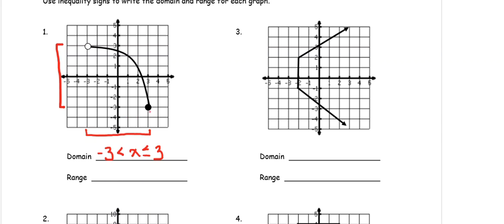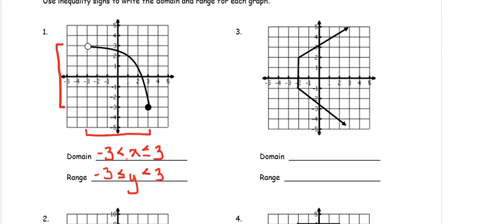So if you're looking at this, -3 is your smallest y value, and your highest one is 3. Now you're looking at y. -3 has a closed circle, and 3 has an open circle. This is the best way to do it: just write the lower bound, the upper bound, and then write the inequalities.